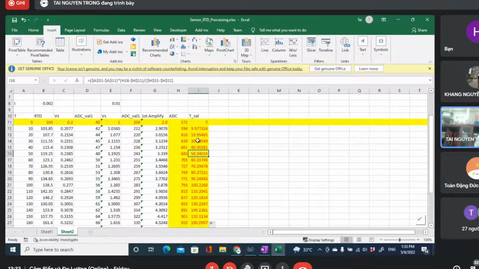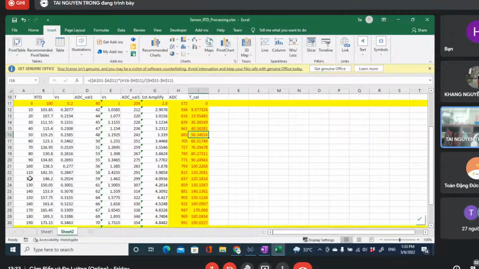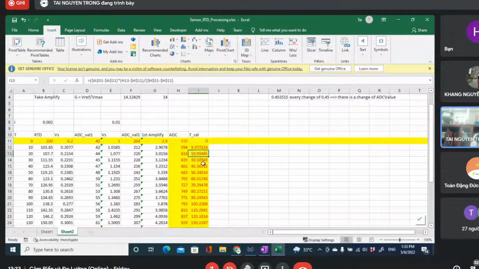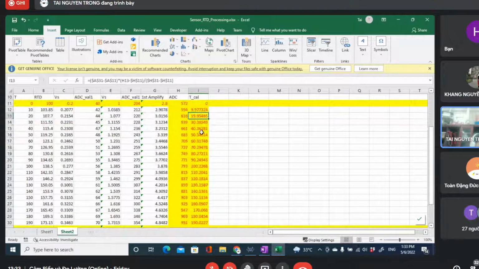Here is a little different because we take a round for ADC value, because ADC is an integer value, not a double, so we cannot get much accuracy for temperature. Then here is the result of the temperature value that we can calculate.